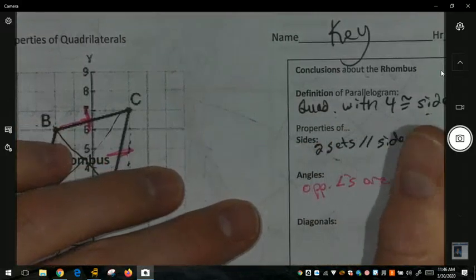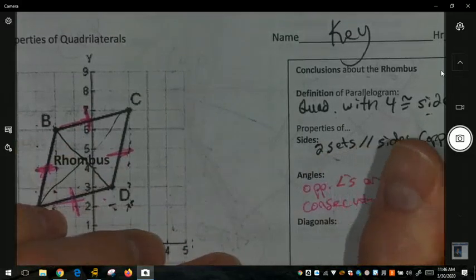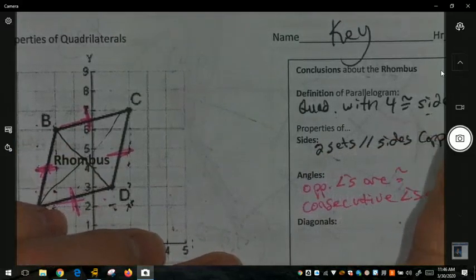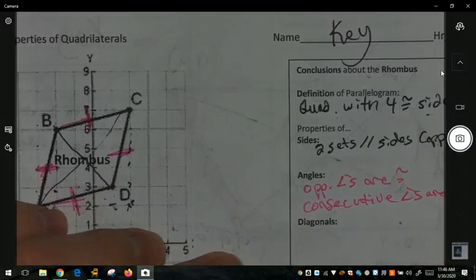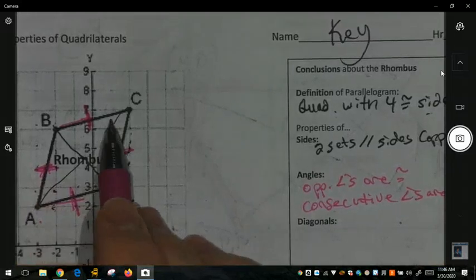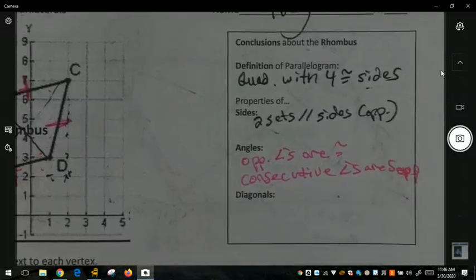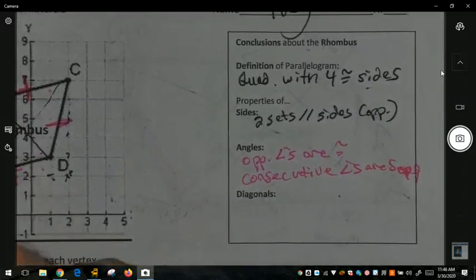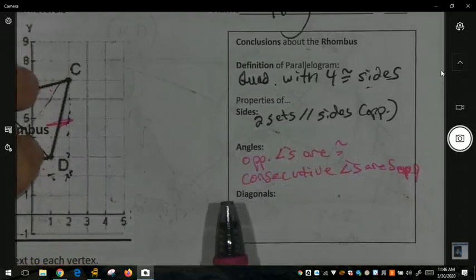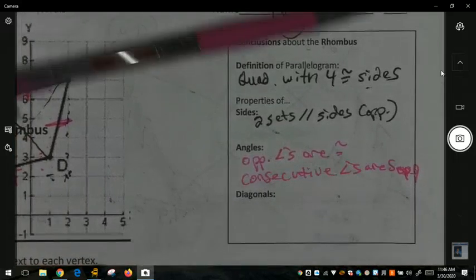So with our angles, once again, we have opposite angles are congruent, and consecutive angles are supplementary, meaning that if this was 70 degrees, this would have to be 110, because they'd have to be supplementary, adding to 180 to be true with those lines being parallel.